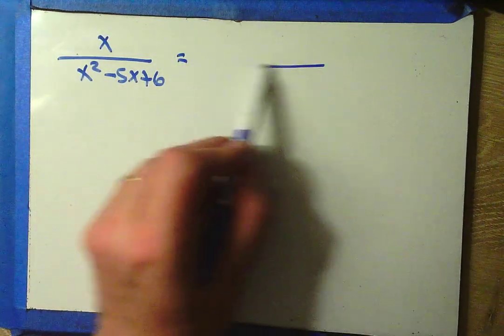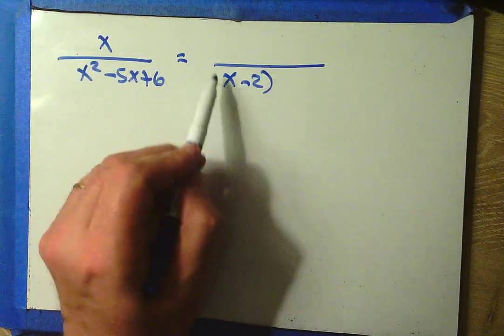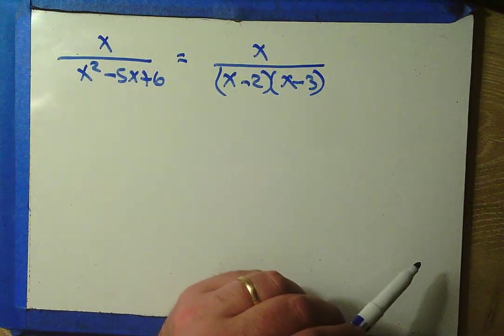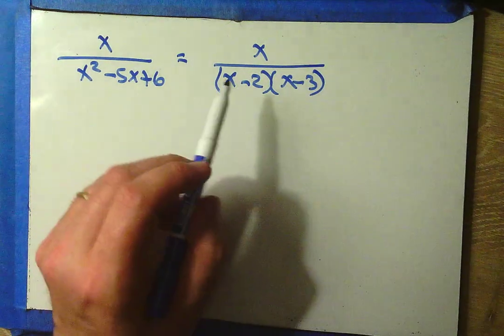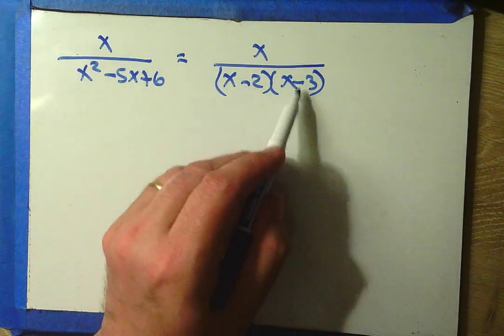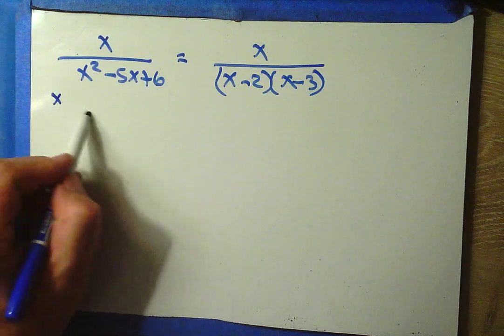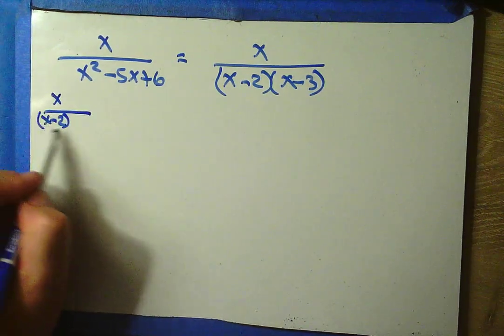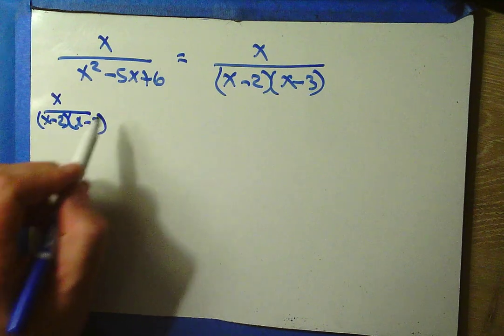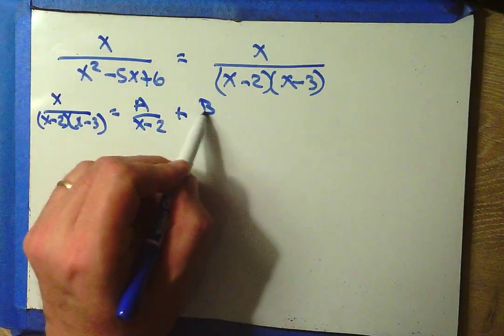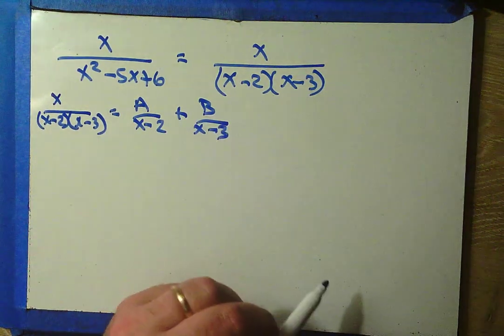Good thing we practiced our factoring. x minus 2, x minus 3, with an x on top. The second thing we said we needed to do was put a letter over each of these factors. So now I'm looking at x over x minus 2, x minus 3 will be a over x minus 2 plus b over x minus 3.